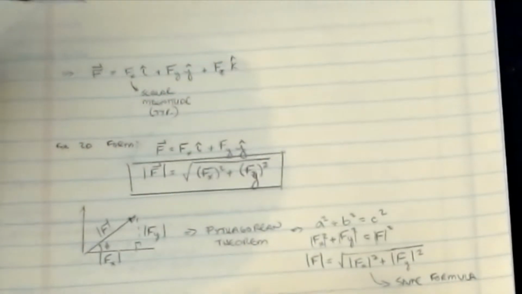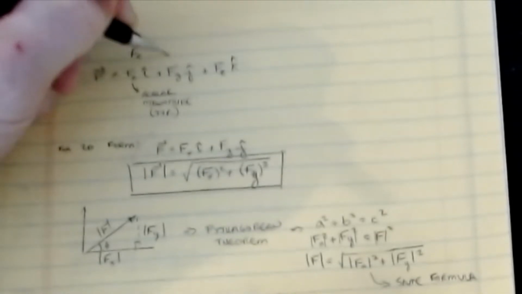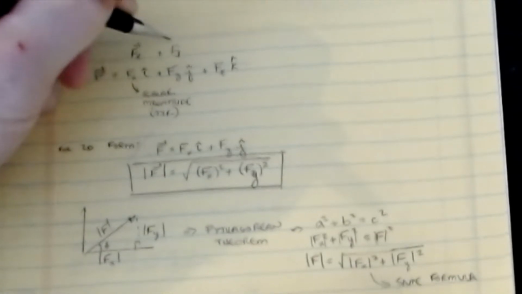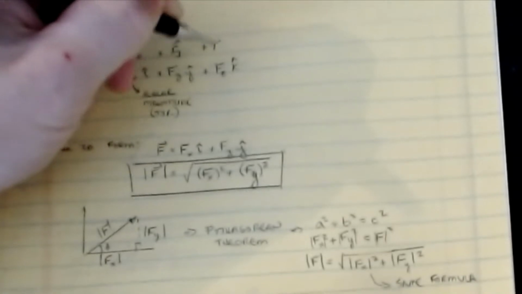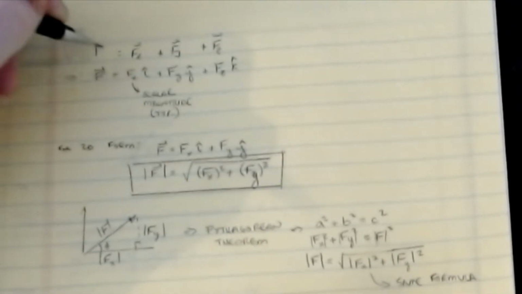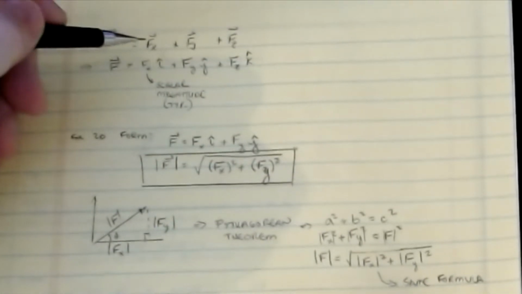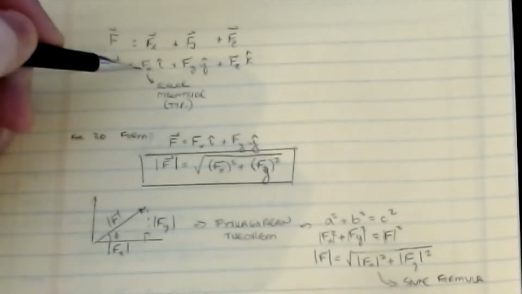So if we take our formula for my F vector, and we plug in, here was my Fx, plus here was my Fy, plus here is my Fz. That's the vector addition we were just talking about that I wrote on the previous page. Let's do our substitutions in here. Here's my Fx vector, which we just said was Fx.